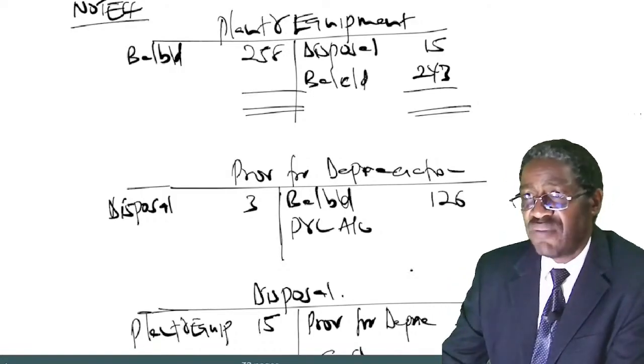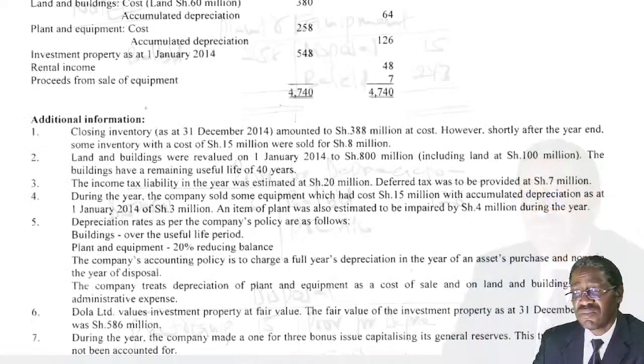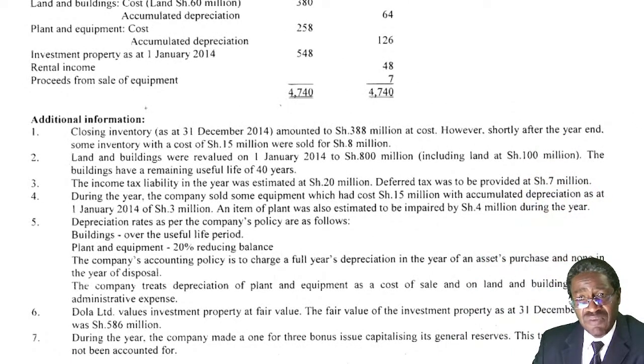Let me take you there. Plant and equipment, that was note number 5. Depreciation rates, they are telling you on the company's policy are as follows. The second one is plant and equipment, 20% reducing balance. Policy: full in the year of purchase, none in the year of disposal.